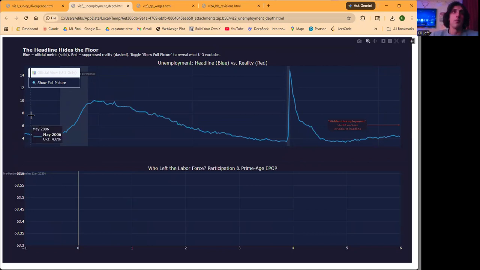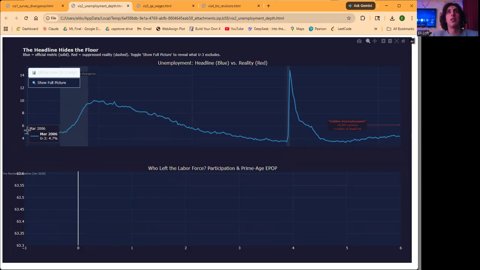So right here, this one is going to be U3. The BLS comes out with different measures, U3 through U6.